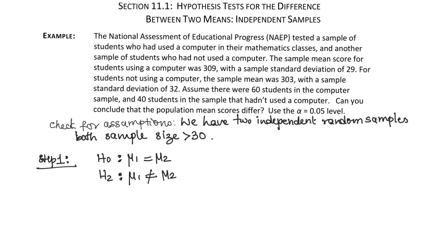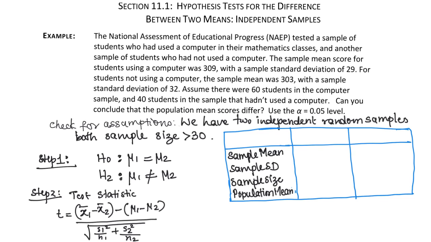Now find the test statistic. I'm going to write down all the information from the problem in this table, so it will be easier to substitute the values while calculating the test statistic. The first column is with a computer, and the other one is without a computer, the students who do not use the computer.